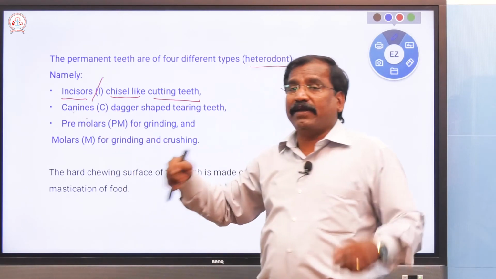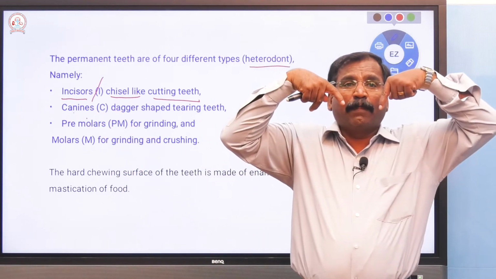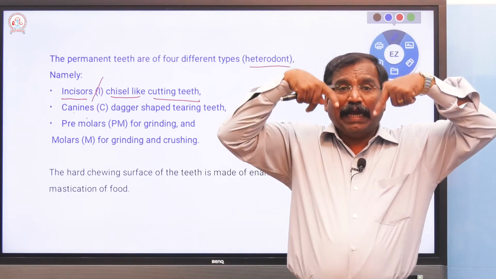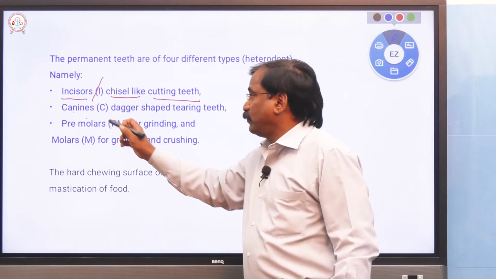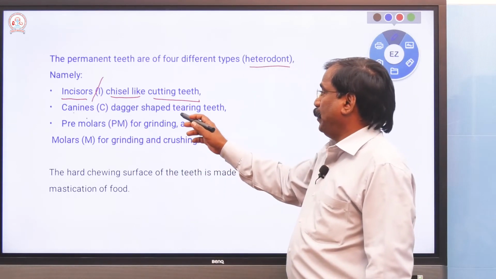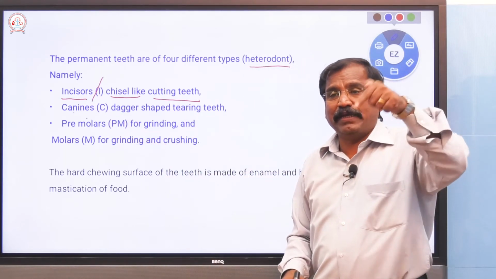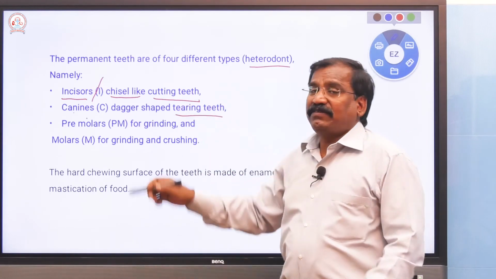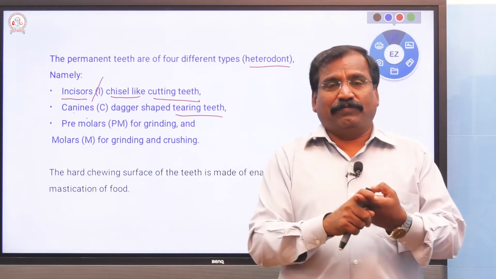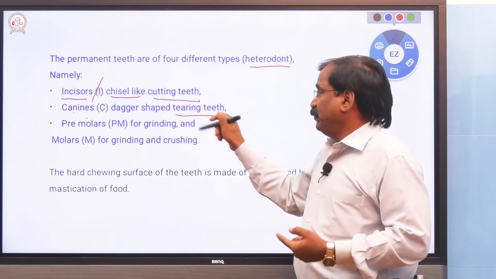Canines are pointed, dagger shaped, found in carnivorous animals like dog, lion, tiger. Incisors are for cutting and canines are for tearing.